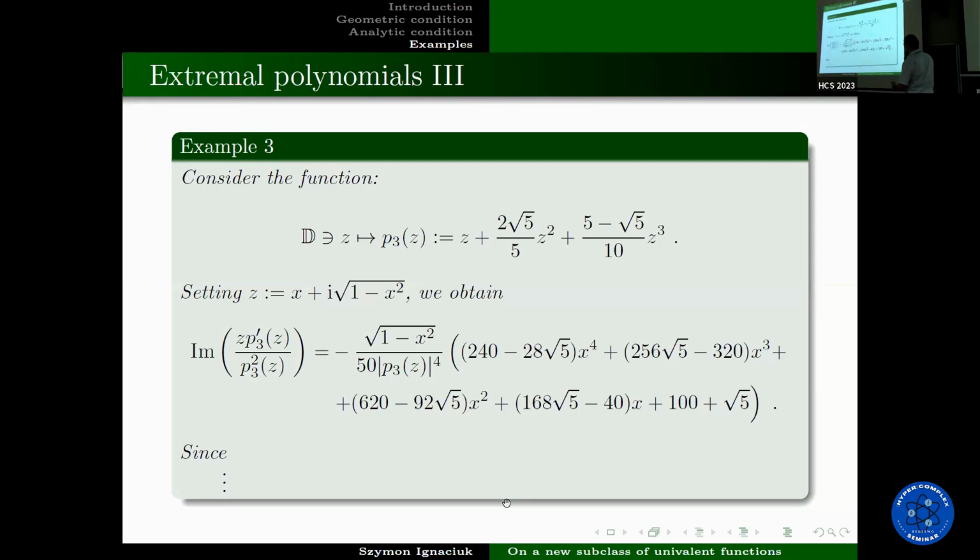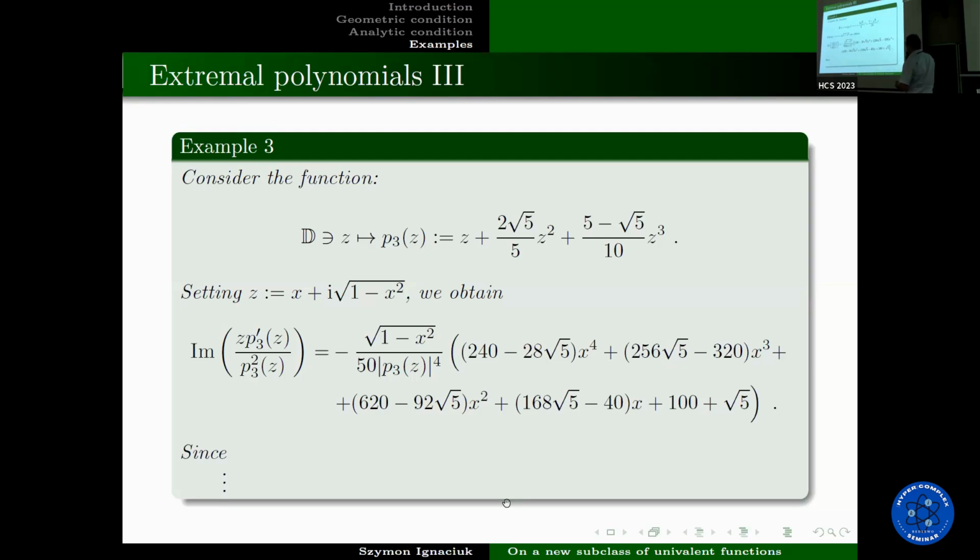Here we have this minus, which makes the whole thing negative, and here we've got a polynomial for x from the interval from -1 to 1, and these polynomials which we obtain have positive coefficients.